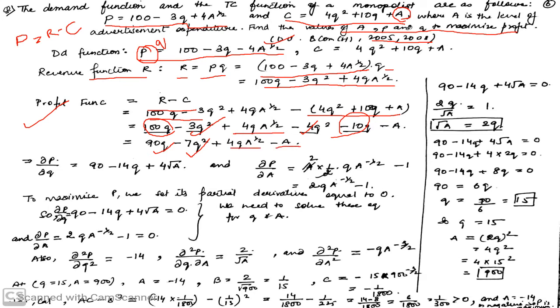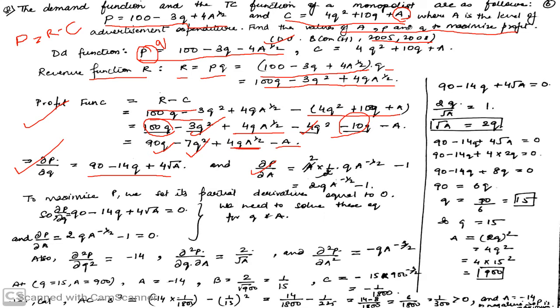Now your next step is to find the partial derivatives, with respect to q and with respect to a. Now we find the partial derivatives. This will be 90 - 14q + 4 under root a.